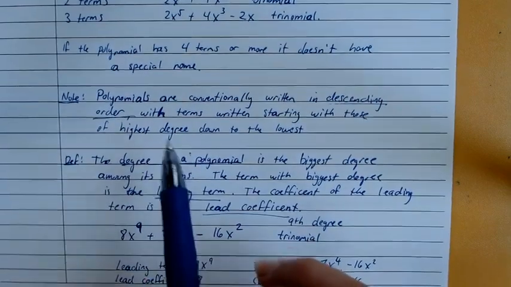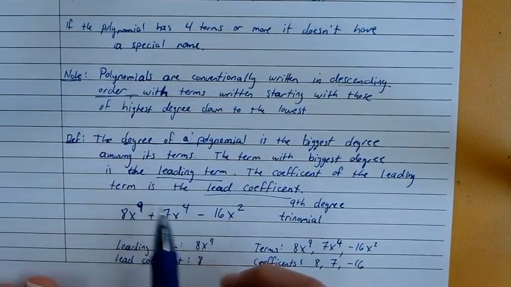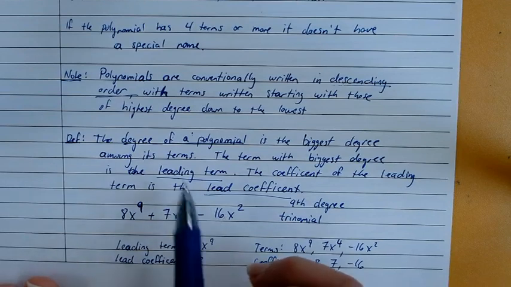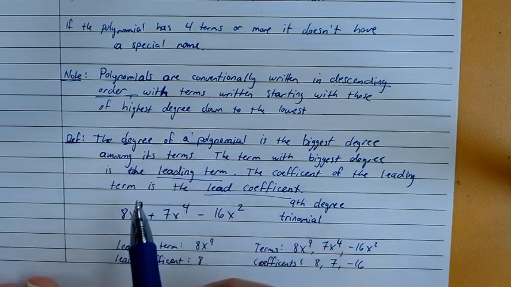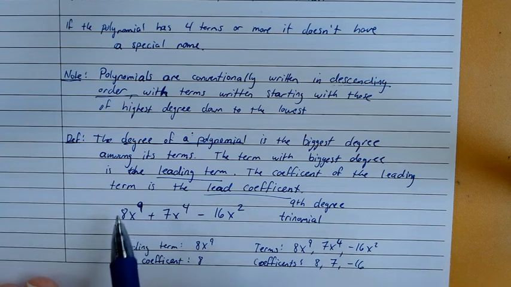If you write things in descending order, it's because you start with the biggest power down to the smallest. The degree of the polynomial is that biggest power, usually written in the front, and so it's called the leading term. The coefficient of that term is called the leading coefficient.